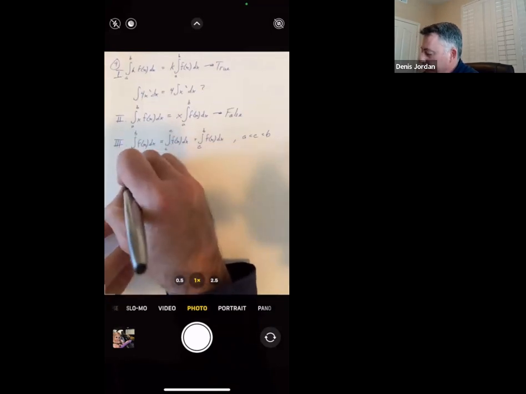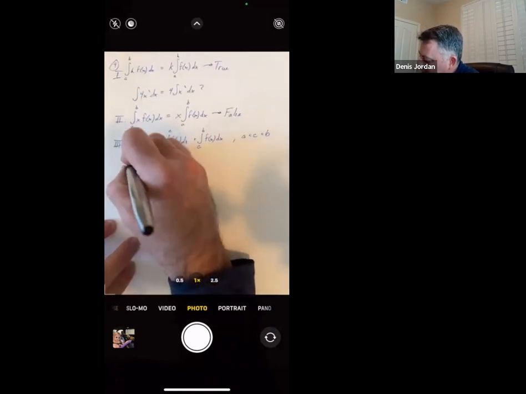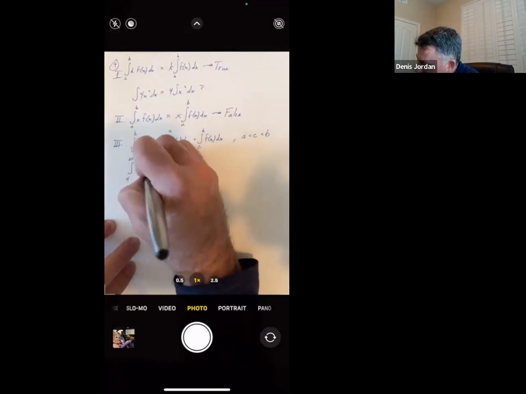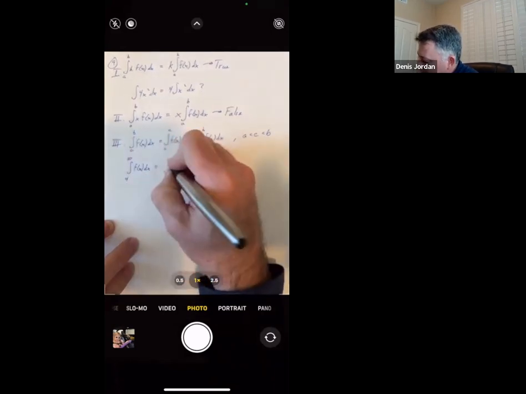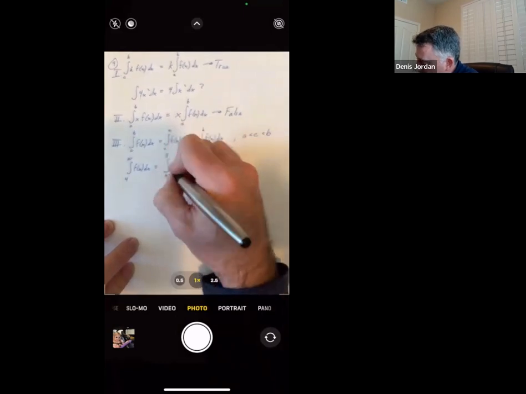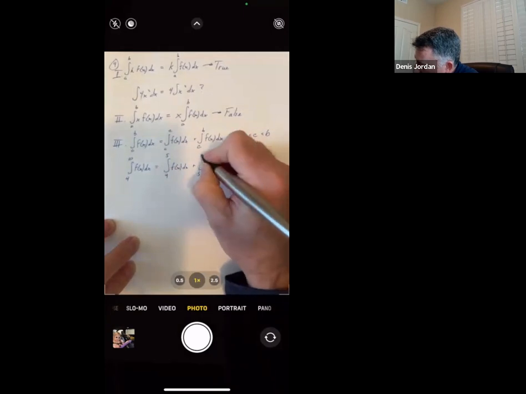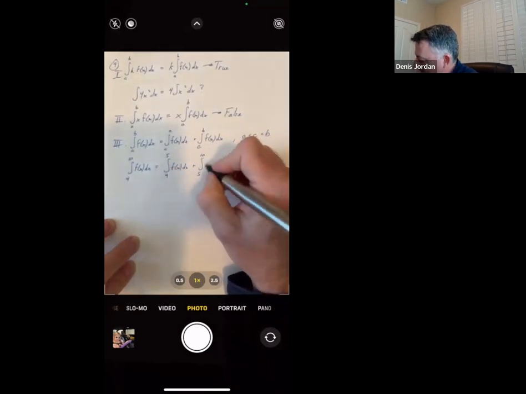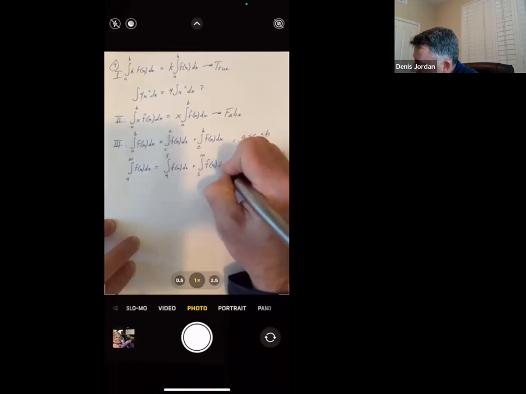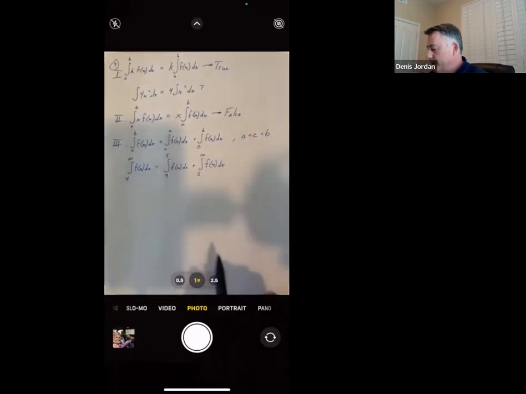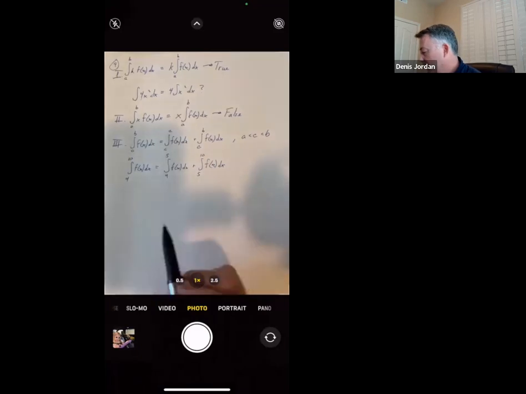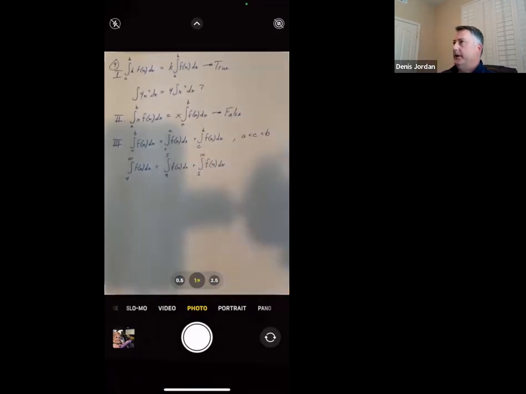Like if you went from 4 to 10, you could bust it apart and go from 4 to 5, and then do the rest of it from 5 to 10. You're totally allowed to do that. So that's what you have to do in number 4. There's also a quiz question on it, and I think a few homework problems too. I think we did it in the notes.